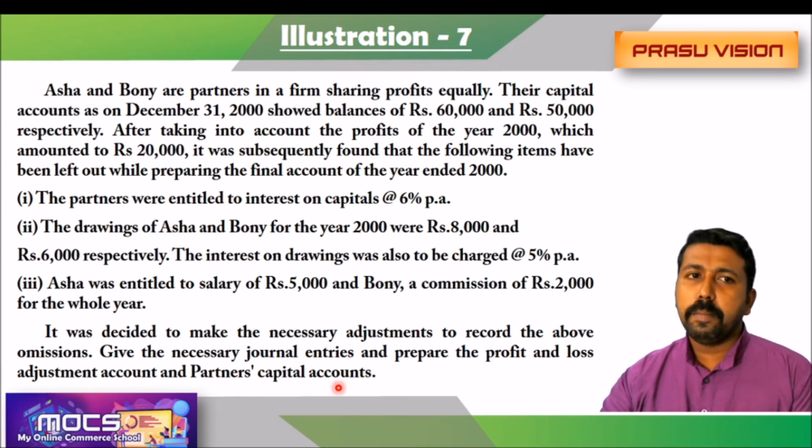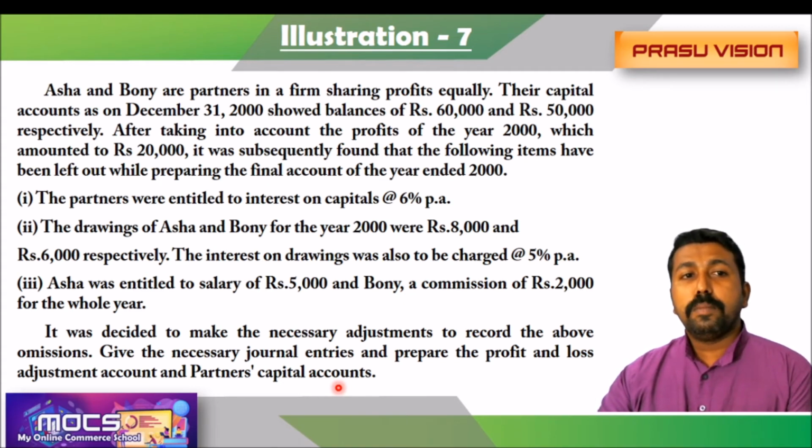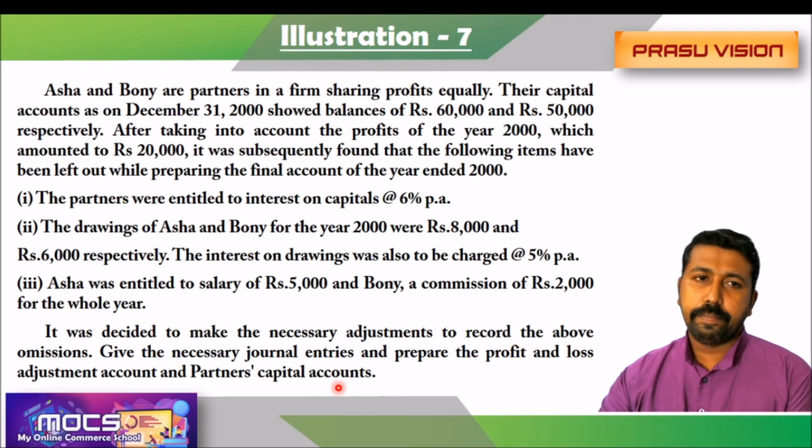Asha and Bonnie are partners in a firm sharing profits equally. Their capital accounts as on 31st December 2000 showed balances of 60,000 and 50,000. So Asha's capital balance at the end of the year is 60,000 and Bonnie's 50,000.